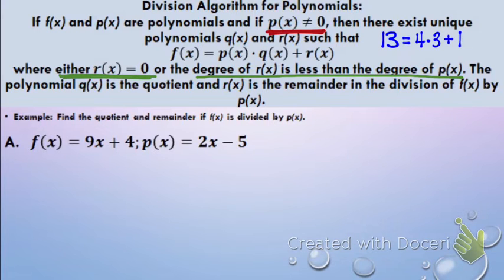So when I'm thinking about polynomials, I have to think about the degree of my polynomials here. My remainder can never have a degree that is the same as my divisor. The polynomial q of x is my quotient. r of x is the remainder.